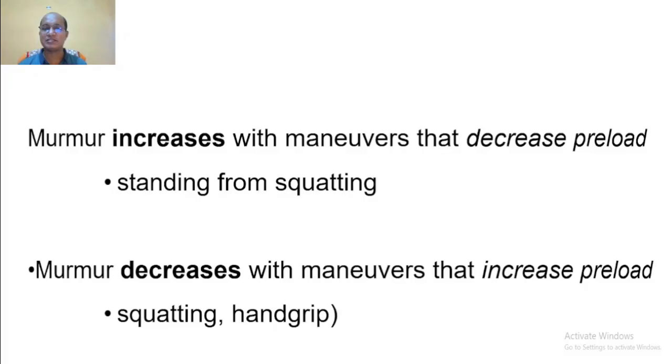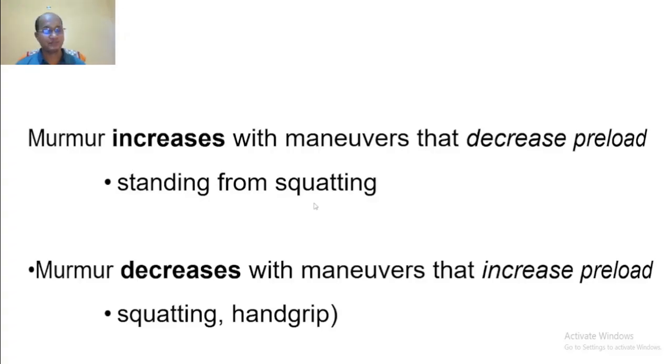Then ask the patient to stand up, auscultate the chest again, and try to find out the intensity of the murmur. Is it higher or lower than the previous one? So this is all about my clinical case, my actual case of HOCM.